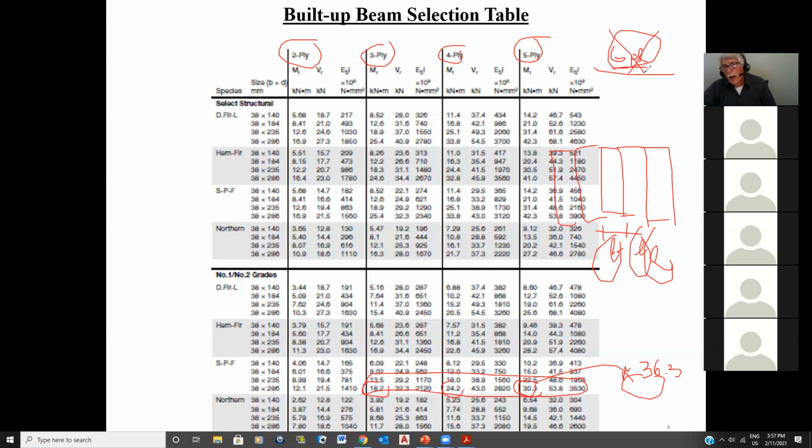I don't bother with the 6-ply because sometimes that can be very heavy for the carpenters to move around. But if you don't have a choice, you want to use a built-up beam, you can't put more columns in, and you're stuck with that span and that lumber, well, that's a good way for you to get the values here.